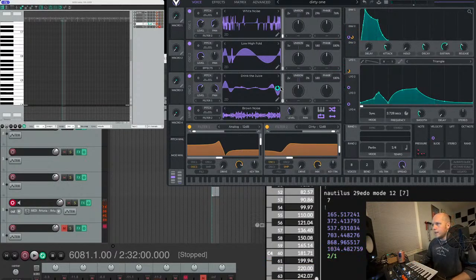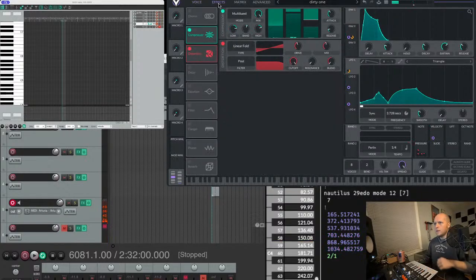So what is this? Envelope 2. And we put some distortion on there, which I really like. This distortion, this linear fold type, is being modulated through the pressure.